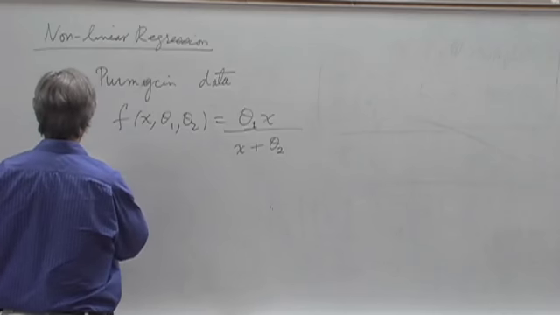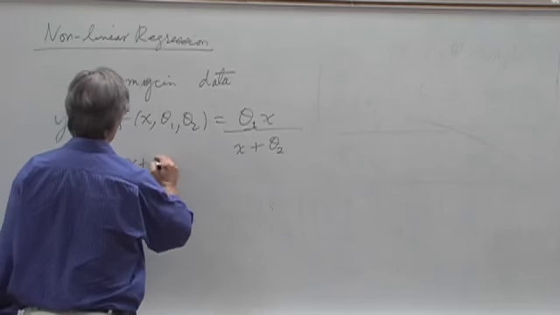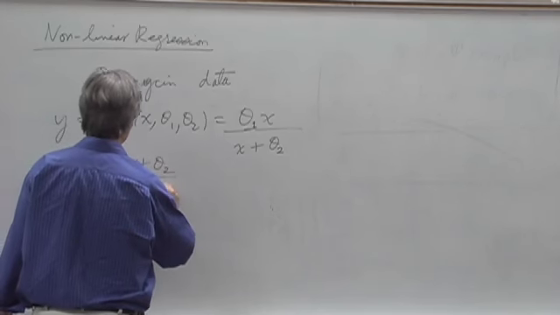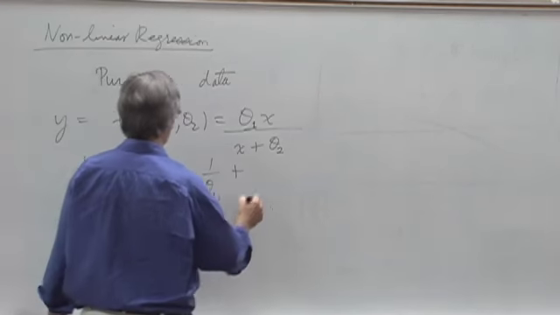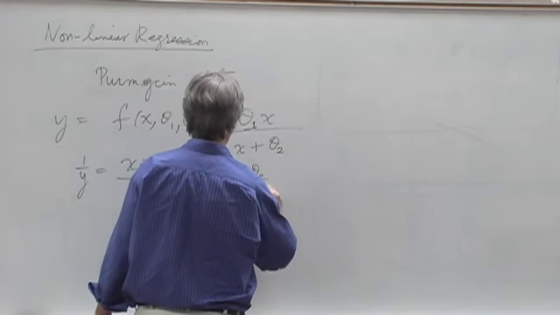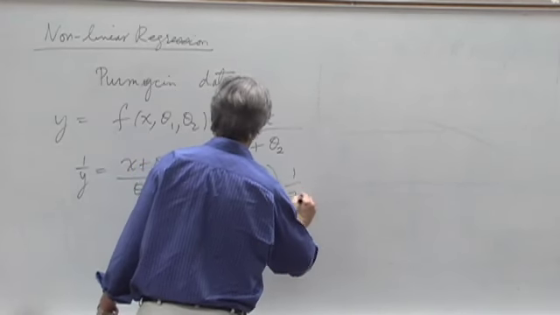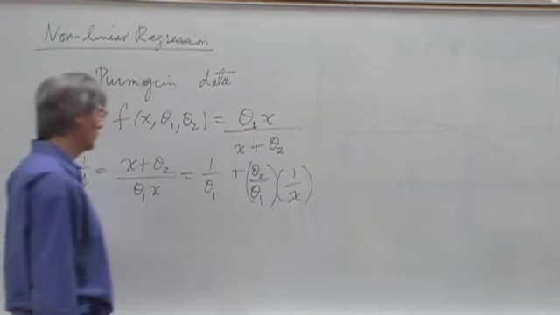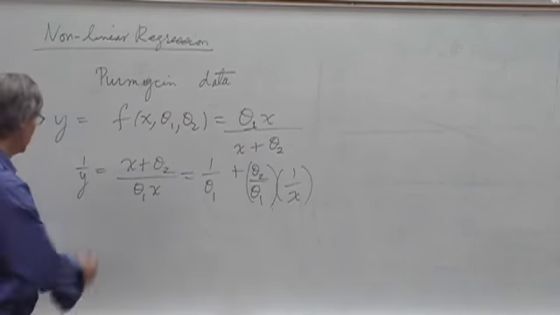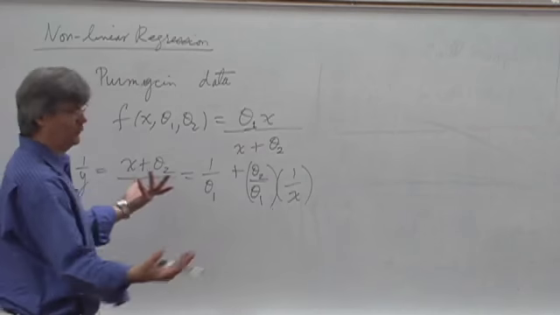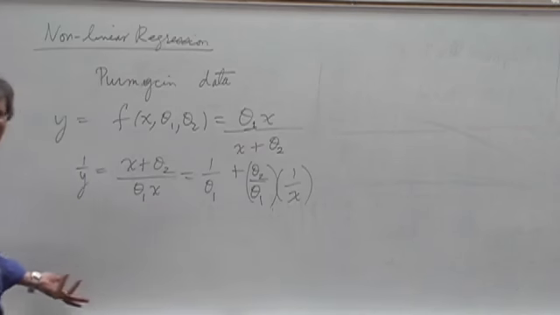Well, you just flip it. 1 over y equals x plus theta 2 over theta 1 x, equals 1 over theta 1 plus theta 2 over theta 1 times 1 over x. Now that's a linear function of 1 over x with transformed parameters. So I transform y, I transform x, and I also transform the parameters. It's kind of all in one. It's a great simple example.